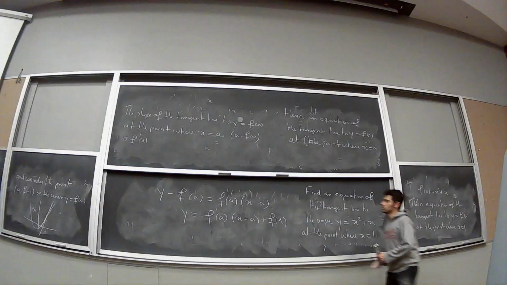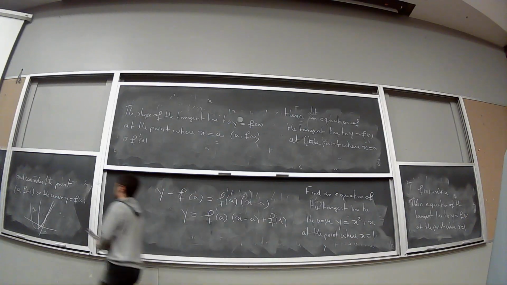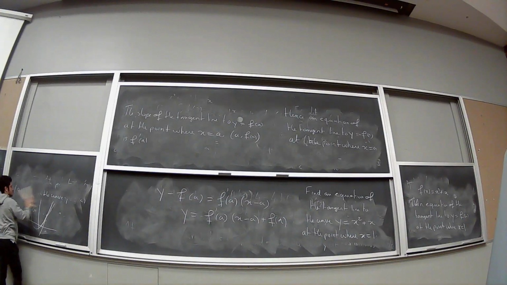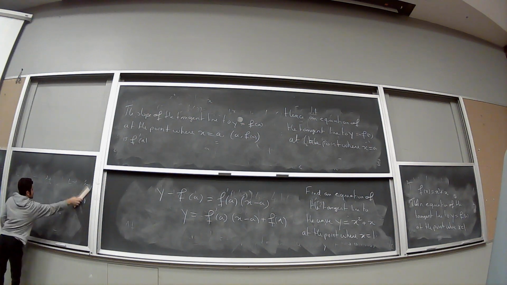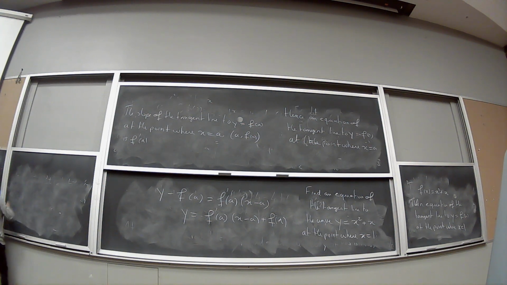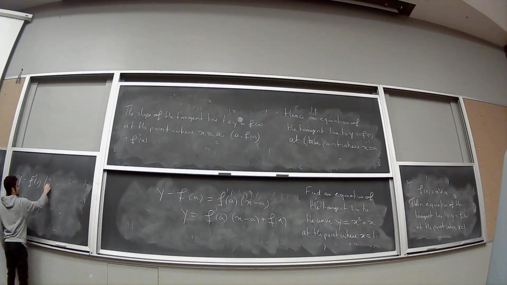This is y equals f prime of 1 times x minus 1.